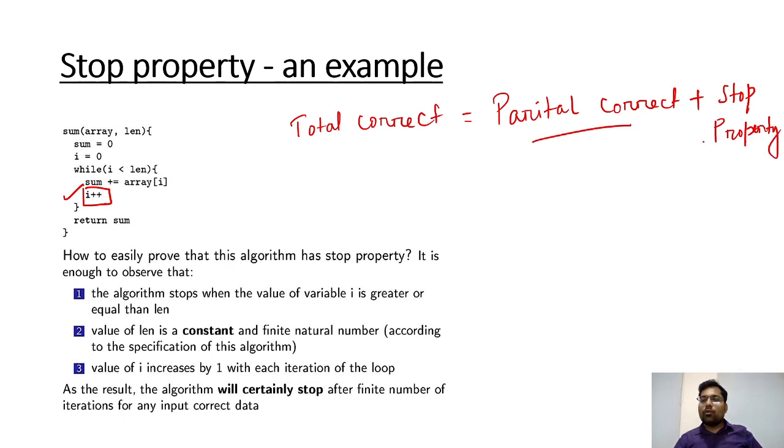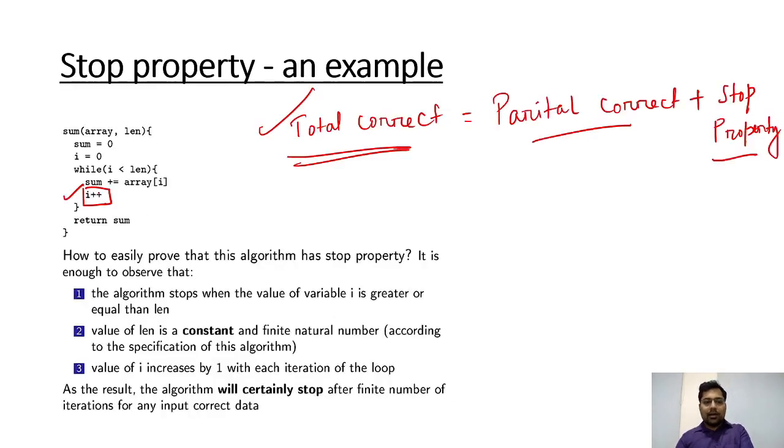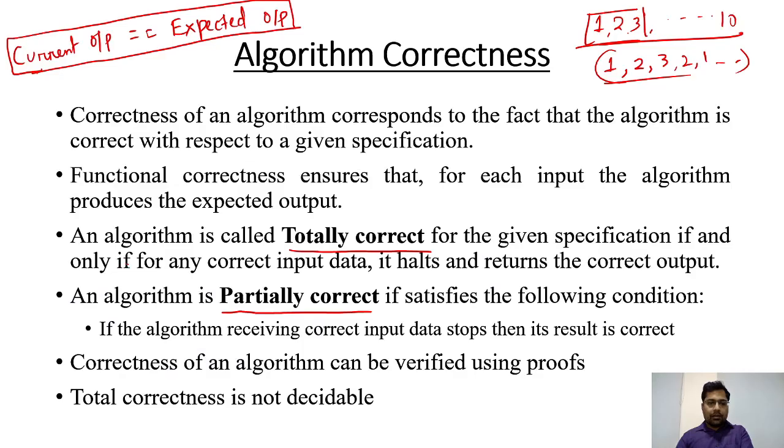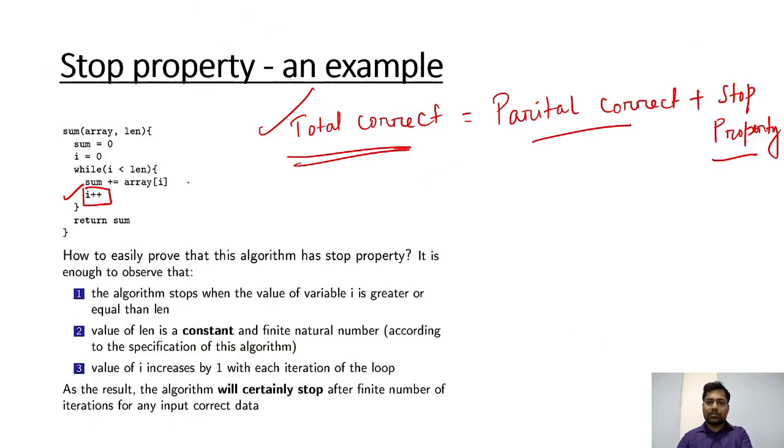If both are there, then only can we expect a totally correct answer. Here it is written, as you can see, stops plus correct output is considered total correctness.